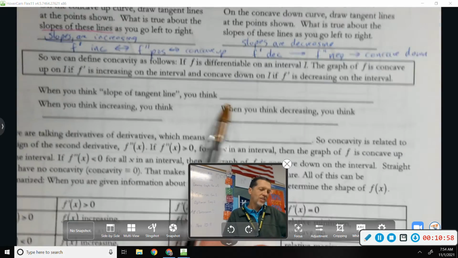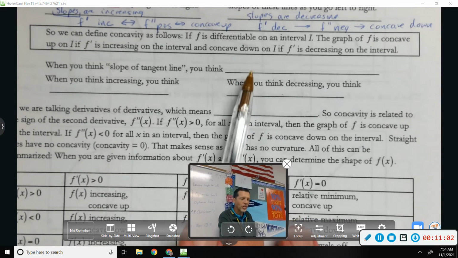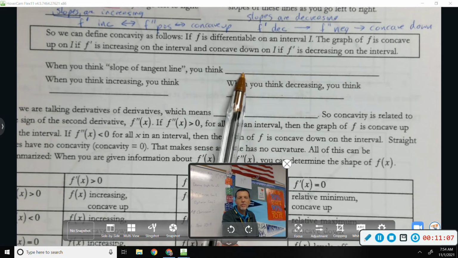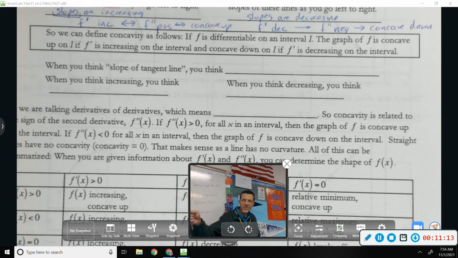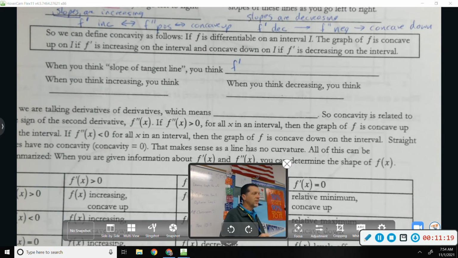I don't have a key for this worksheet, so I'm curious what the author thinks versus what you think. So what do you think goes in that blank? What did you say, Connor? F prime. Slope of a tangent line is f prime. I think that's what goes there.